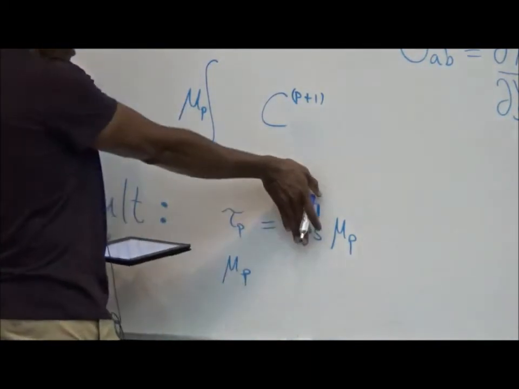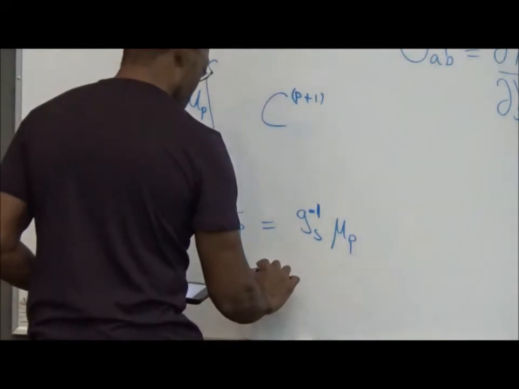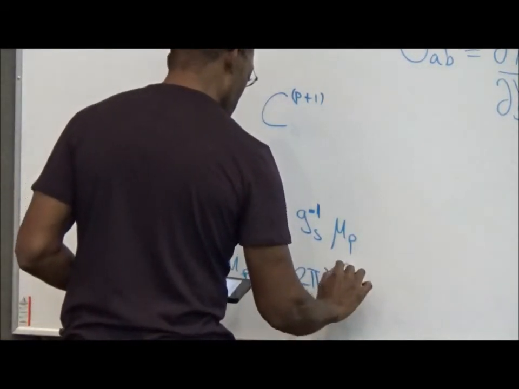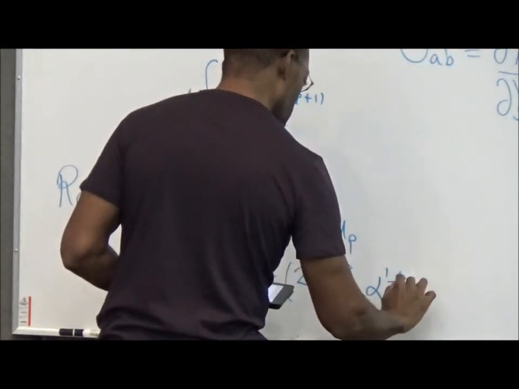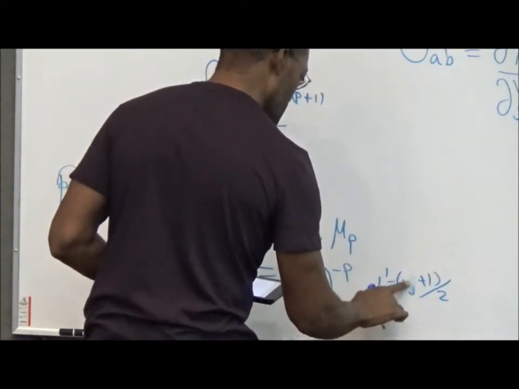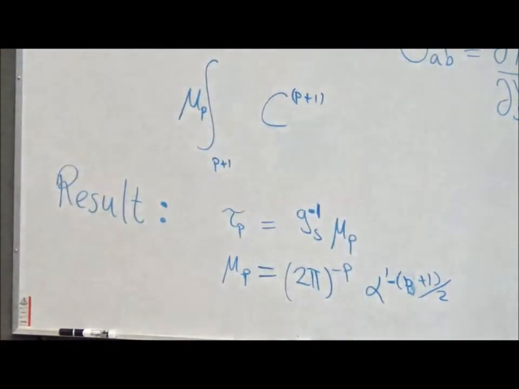But that aside, we're getting that these two things are equal, and I've written it down there for you. And then it's (2π)^{-p} α'^{-(p+1)/2}. This part's just dimensions. And that's the result.